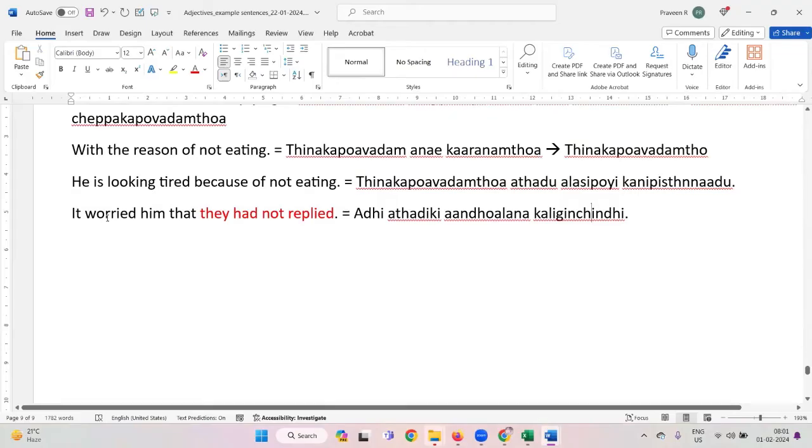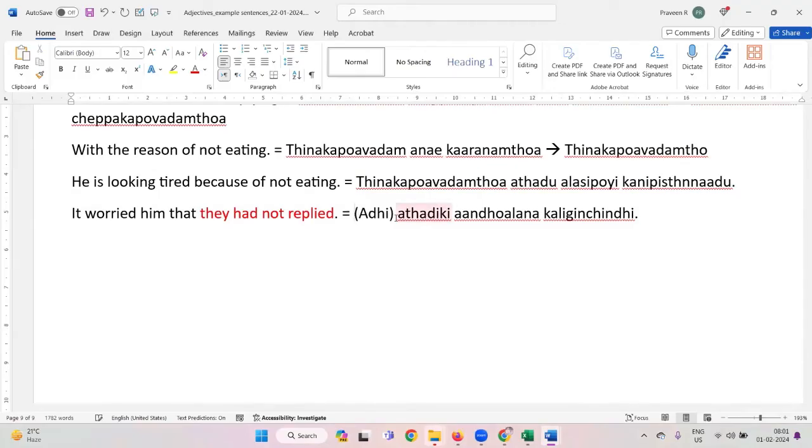This is the meaning of it worried him. Here we wrote adi. Whenever we have this 'it' like that, we write here the actual reason. What reason made him worry, that we have to write here. So the reason is that they had not replied. So that one I will write here.